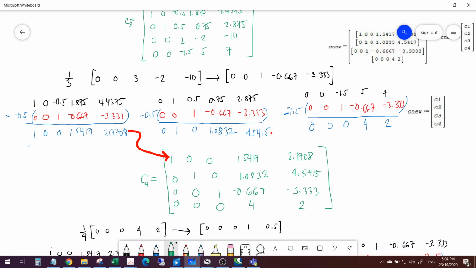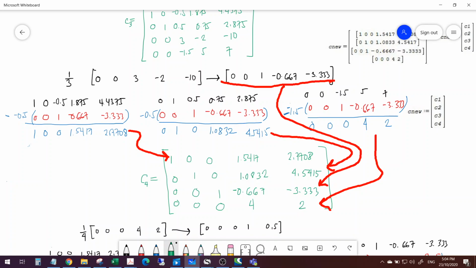I think this is the second row. This is the fourth row. And then the third row is the normalized row here. Okay. So we're done with the third row. So finally, we will normalize the fourth row. That's our last row. Okay. So we will normalize this.